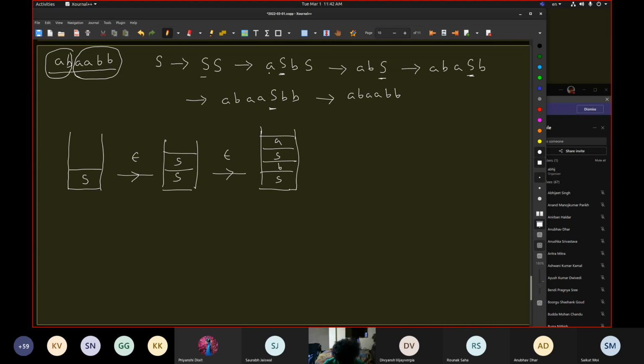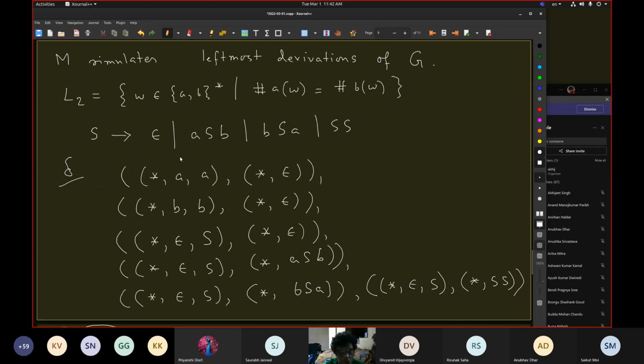Now what will happen? This is one step, this is also one step. But in the derivation, I am applying this to this S. But S is not exposed. But anyway, the machine has these two initial transitions, written in the first two entries of this table.